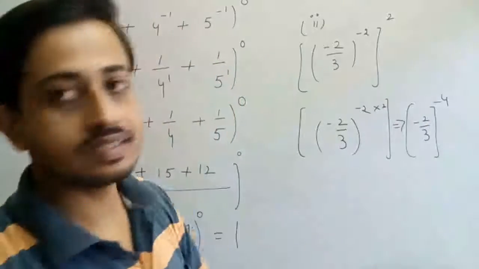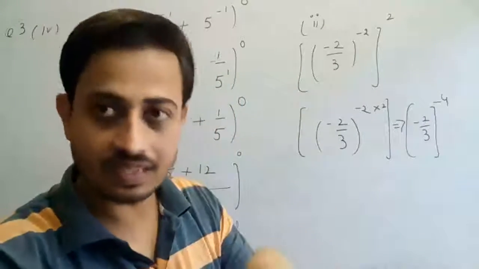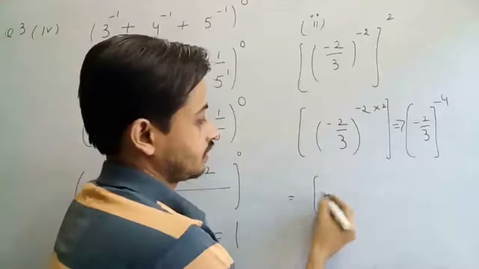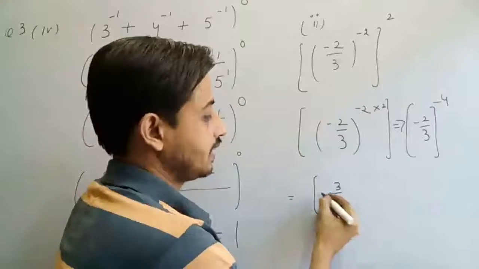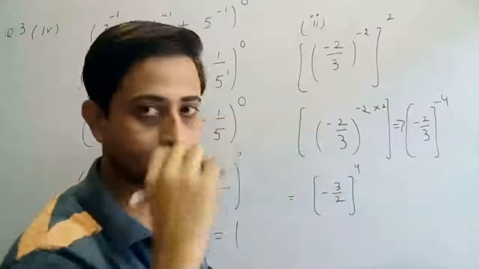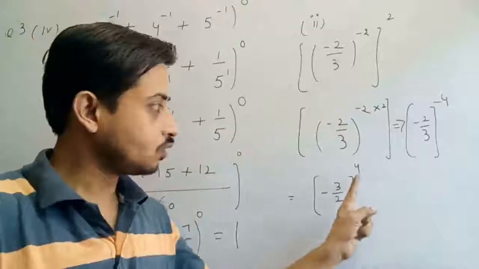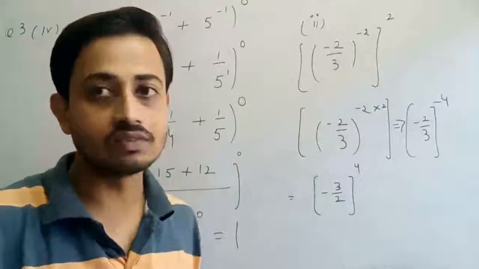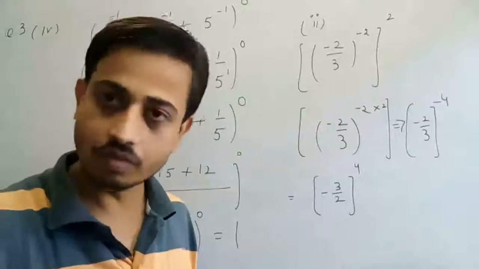Again, the power is negative, so you do the reciprocal of the term p by q. So it becomes 3 by 2 and the negative sign becomes positive. Now look at the term: the exponent is negative and the power is even, so the negative sign will be removed.